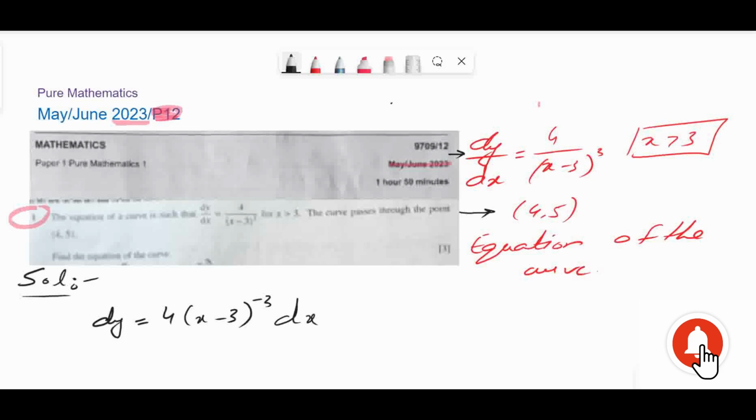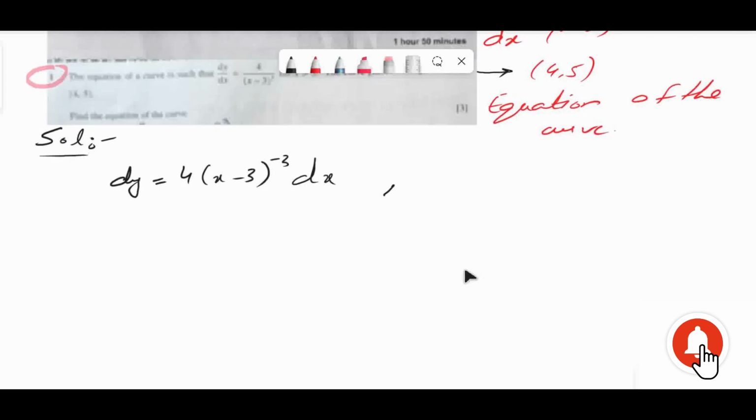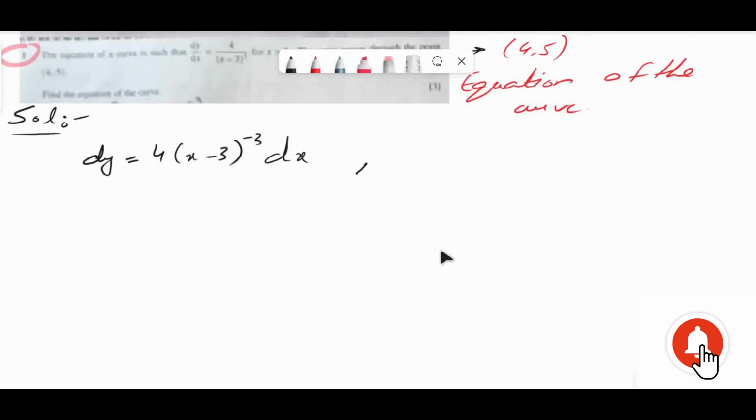Then the next step will be to take the integral on both sides.